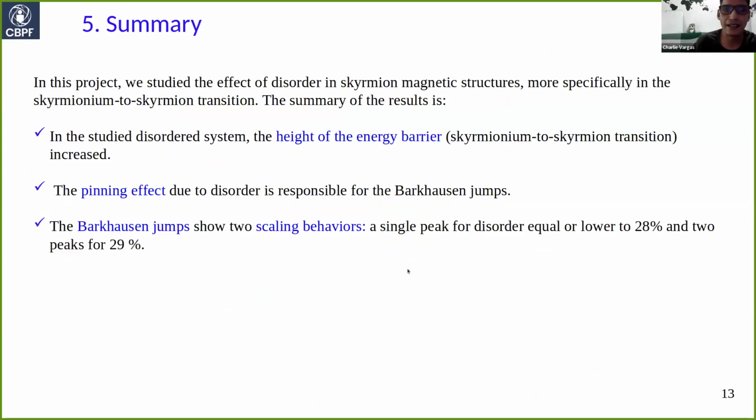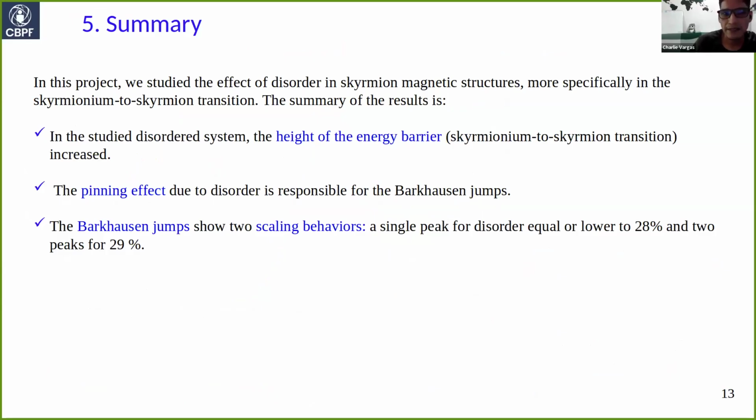In summary, we observe that by increasing the strength of the disorder, we can increase the stability of the skyrmionium by raising the height of the energy barrier between the skyrmionium and skyrmion.